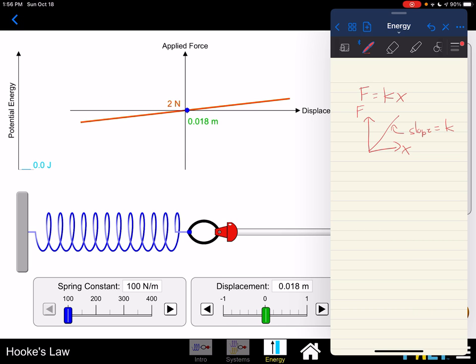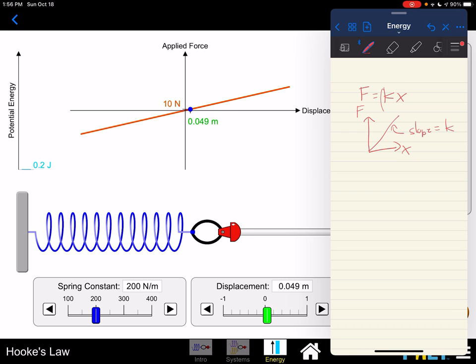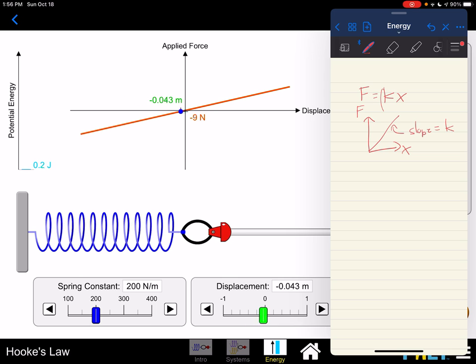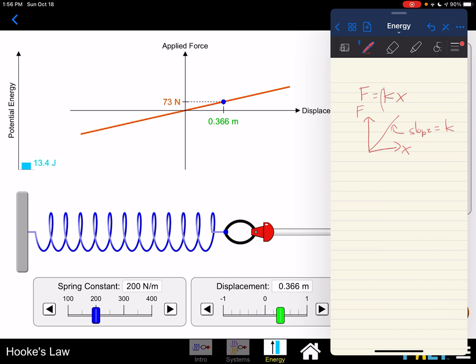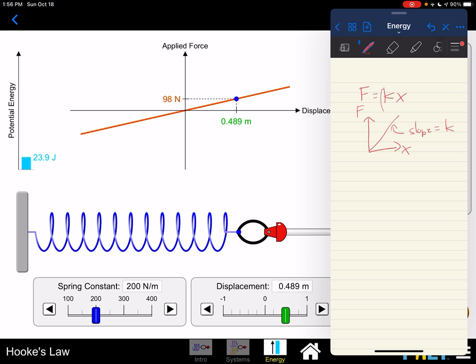If we double the spring constant, so we make it a stiffer spring, notice that the slope of the graph increases. That makes sense because the slope is the spring constant. So as we stretch or squish, the spring will provide us with more force. If we double the spring constant, it will provide us with twice as much force.